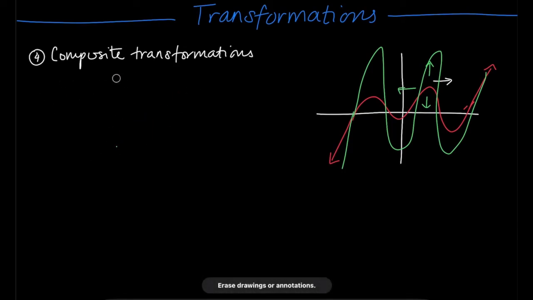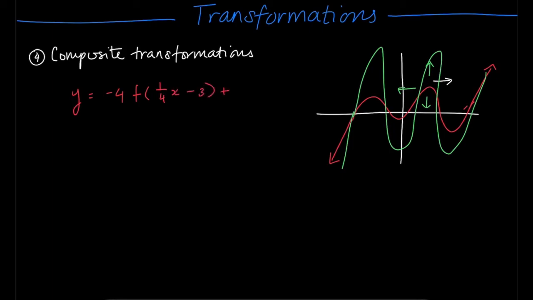And so for composite transformations, let's say we have all 4. Let's say we have negative 4 f of 1/4 x minus 3 plus 3/4. Let's say we have all 4 transformations.